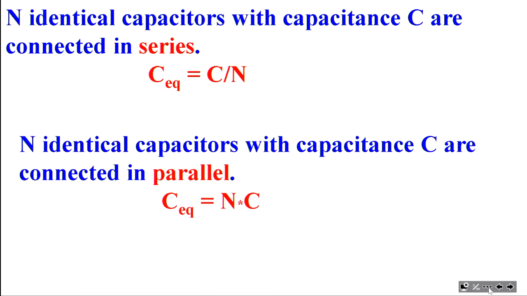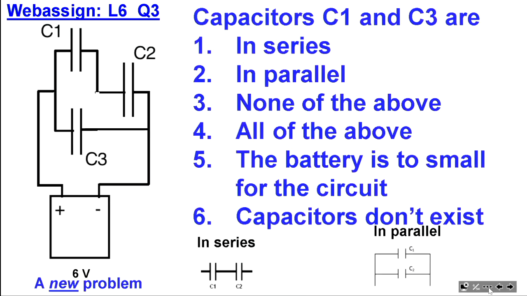So for the connection in parallel, since we're adding n identical numbers, the result is just the individual capacitance times the number of capacitors. Question.